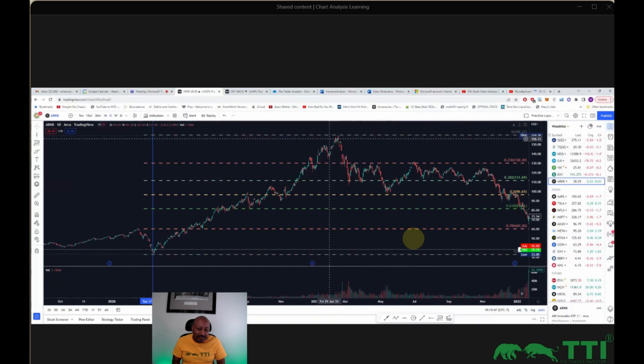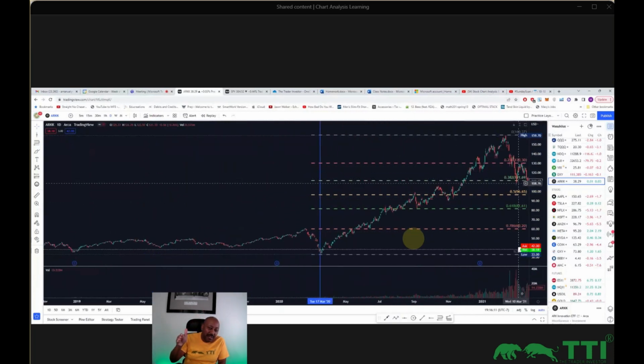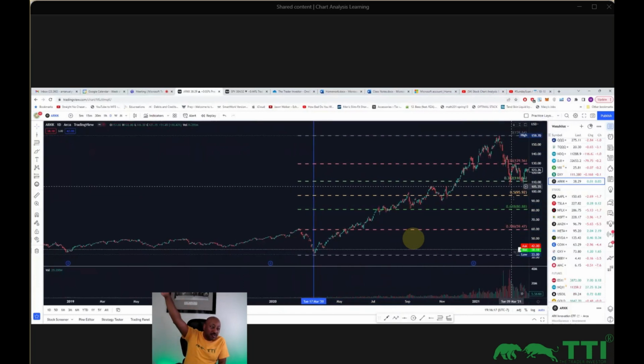Yeah, I stopped here because I wanted to get your feedback before I delete it, because I know we did break the 32 right here, so you redraw it essentially. Well, keep one thing in mind. If you're going in one direction and it pulls back to 38.2 and doesn't breach it, your assumption is that it's going to continue in that same direction. That's your assumption. But you don't know where to move it to until you make a new high. Exactly.